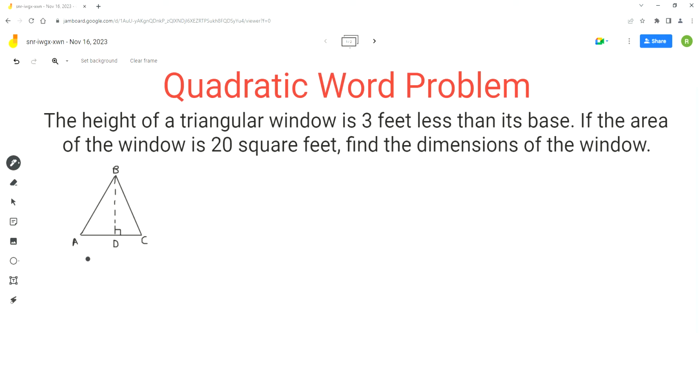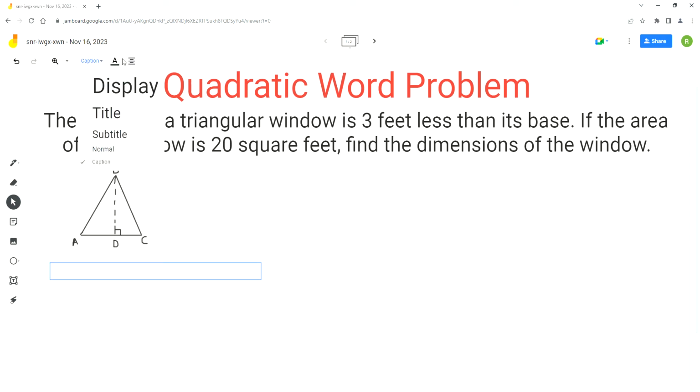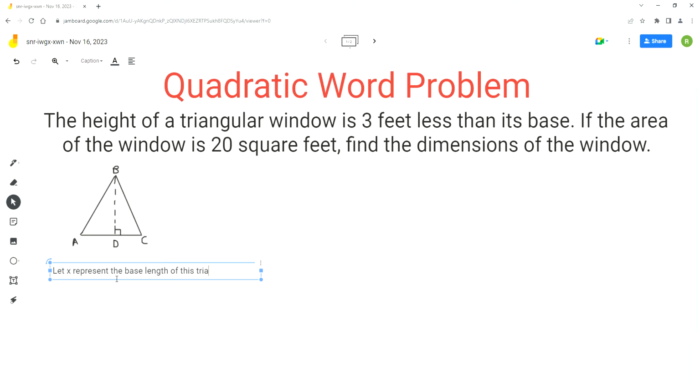For this problem, we'll have to use a variable to make an equation. So let's start with the let statement. Here we are given that the height is 3 feet less than its base, so we'll have to write a let statement for the base of this triangle. Let x represent the base length of this triangle.